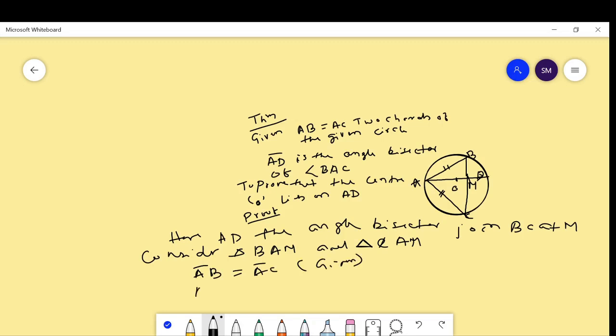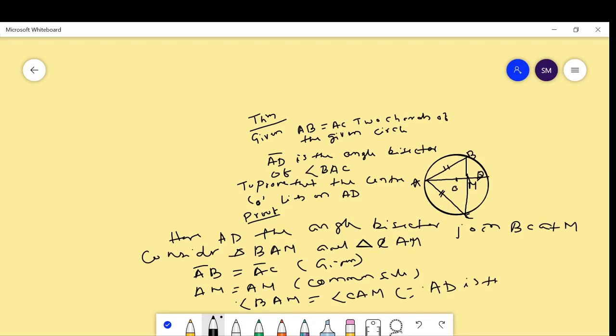AM is equal to AM, common side, and angle BAM is equal to angle CAM since AD is the angle bisector of BAC.